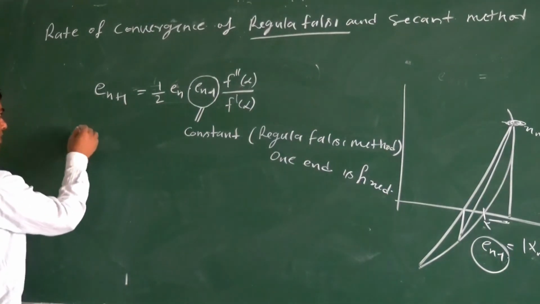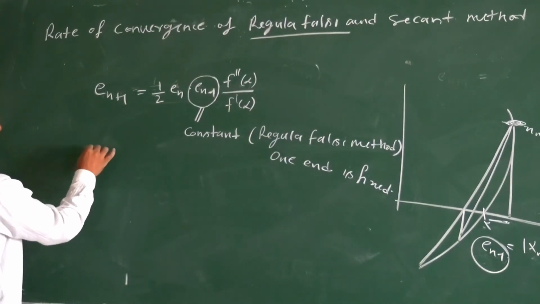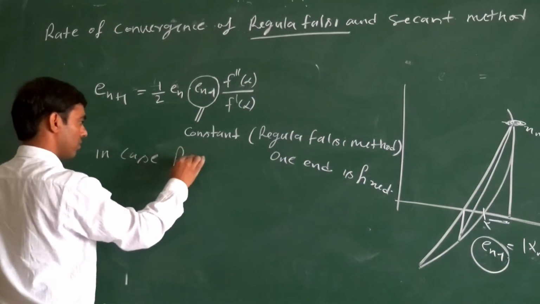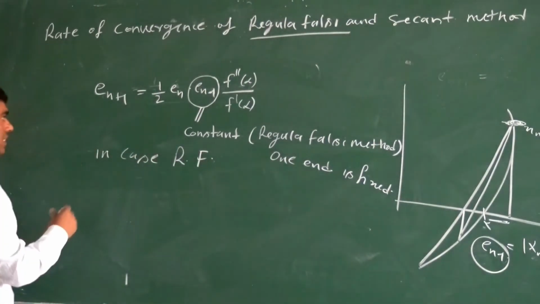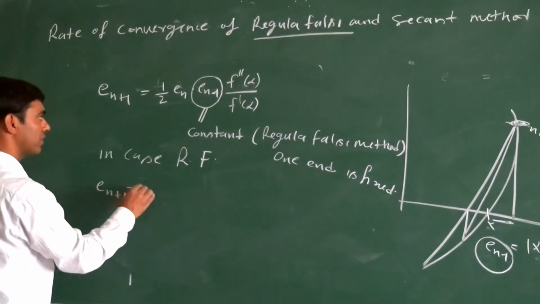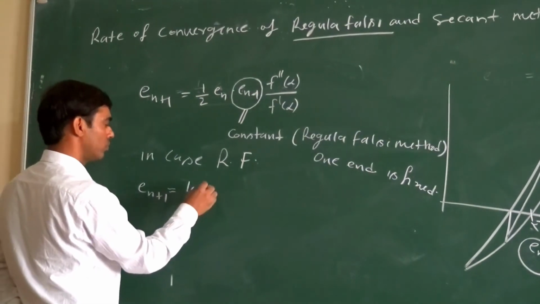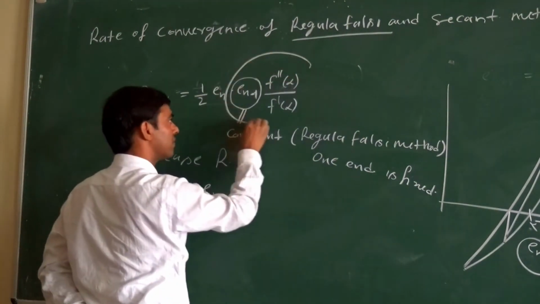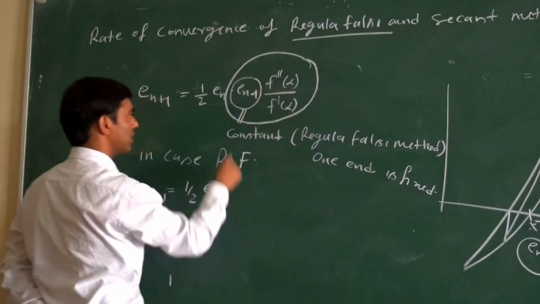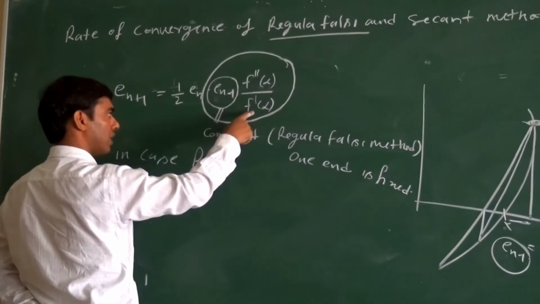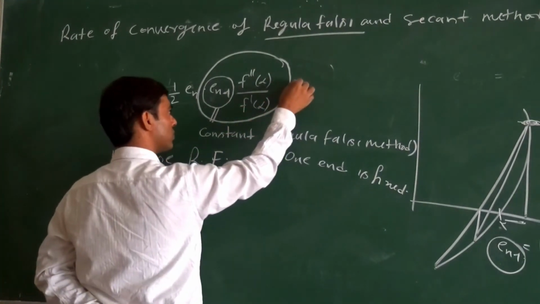So this expression becomes e_n plus 1 equals 1 by 2 e_n, and this whole is constant, because e_n minus 1 is also a constant, and f double dash alpha upon f dash alpha is also a constant. Suppose this one is what?